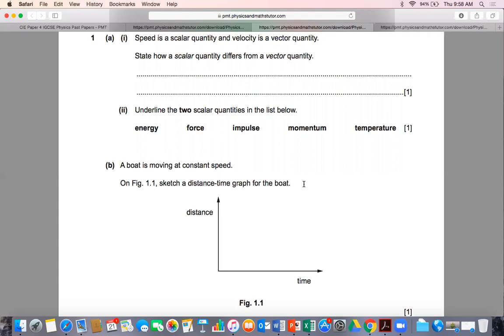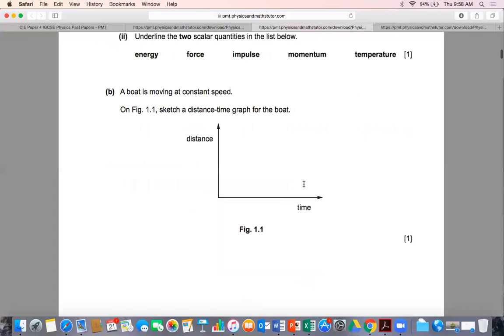Scalar is just a number, no direction. Like you don't say it's 200 degrees Celsius facing north. There's no direction for temperature, just 200 degrees Celsius. So that's what it means. Whereas force, gravity is acting downwards, so there is a direction.